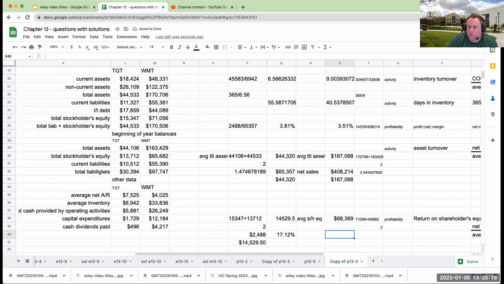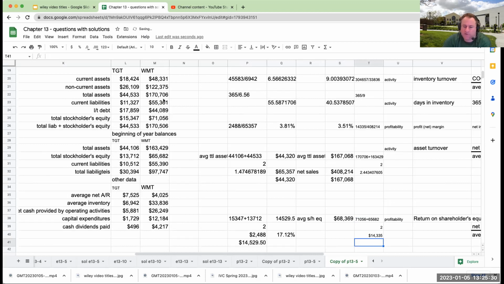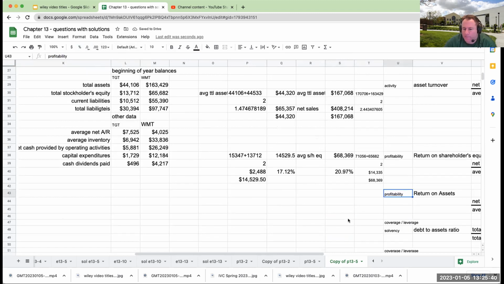Over here for Walmart, my net income is 14,335, dividing that by the average shareholders' equity. And this is giving me 20%. Okay, let's go to the next one over here.